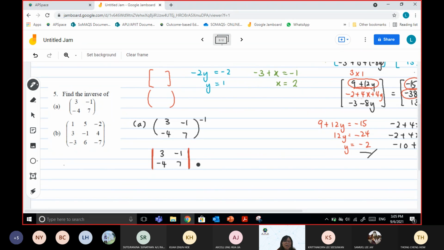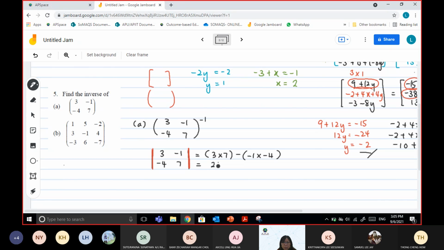Yes, miss. Okay, how to find this determinant? Can you tell me? 3 times 7 in brackets, then minus, minus -1 times -4 in brackets. Yep, correct.